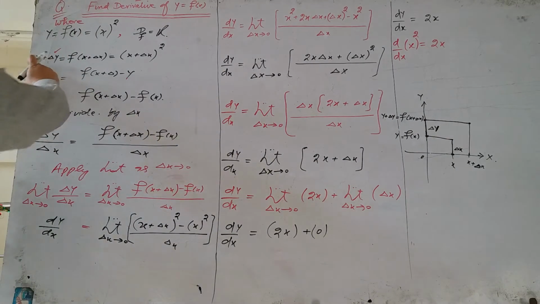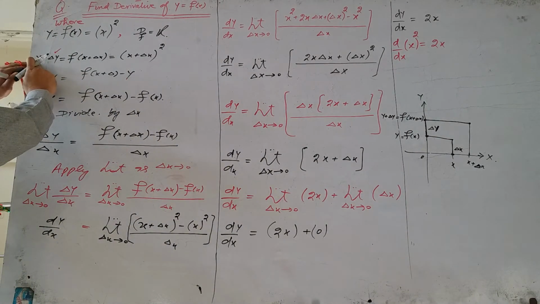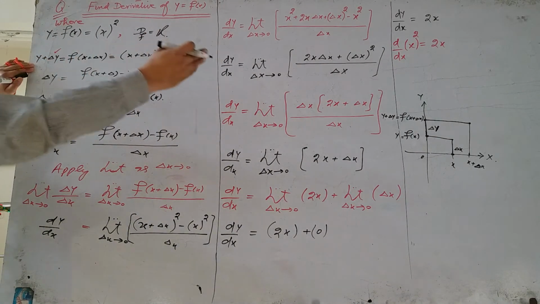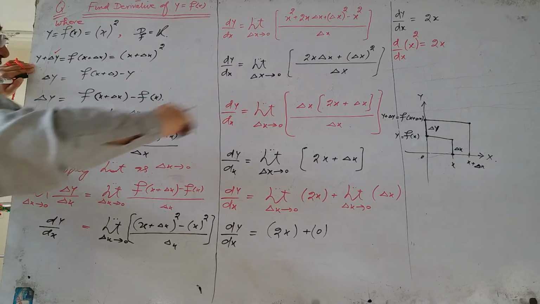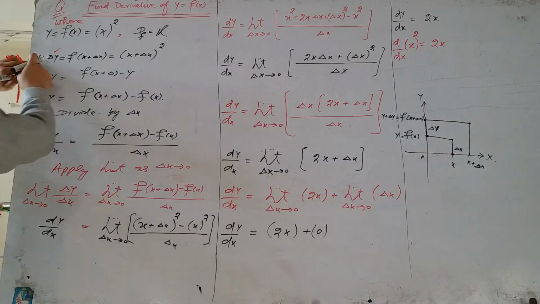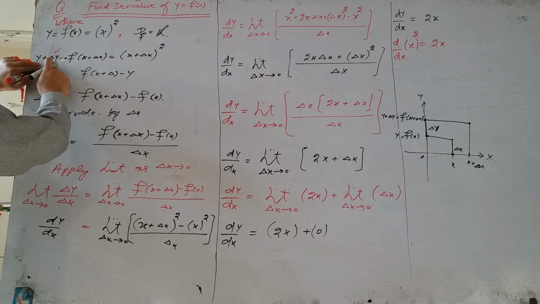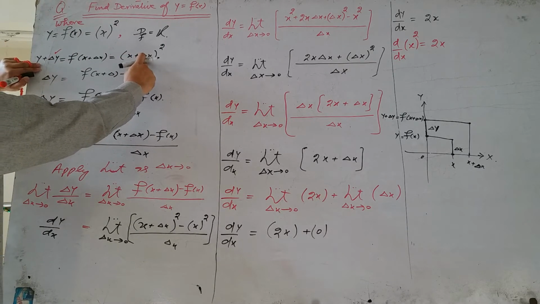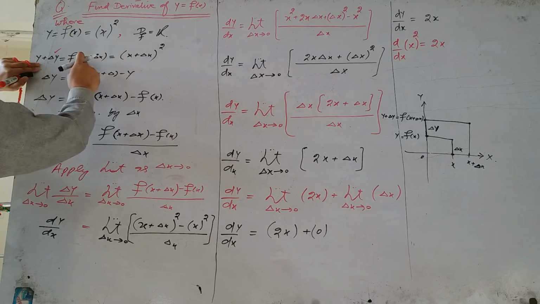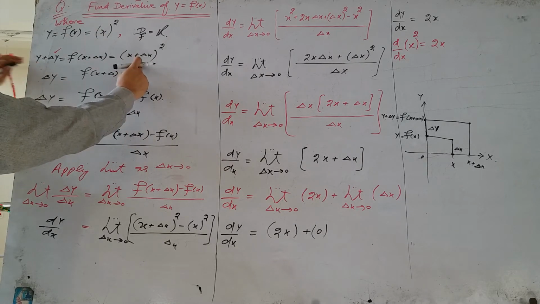Therefore, the next point according to the change in the independent variable del x is equal to y plus del y. This point will be a point on the y axis, and is measured from x plus del x whole square.